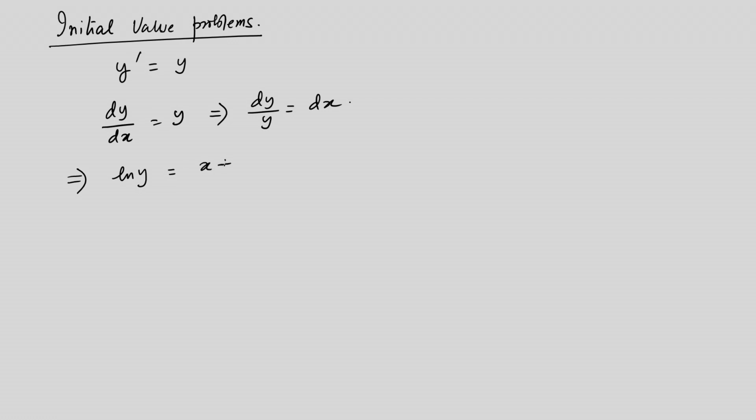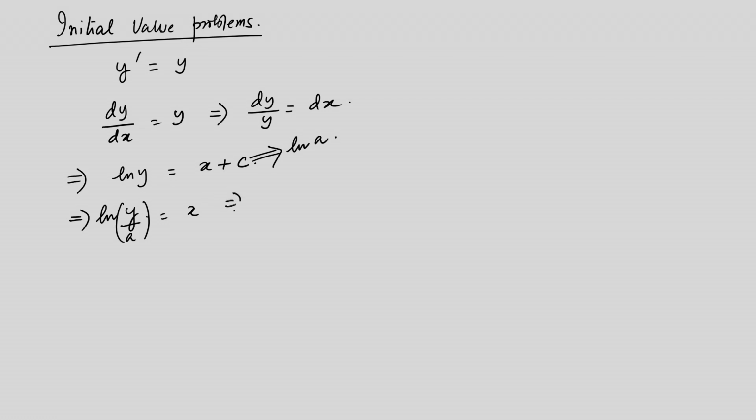equal to x plus c. Then you can write this c, the choice is up to you, as log a. So that this becomes log of y by a equal to x, because if the log comes on the other side, it will become minus, and then you can write it as one divided by the other.